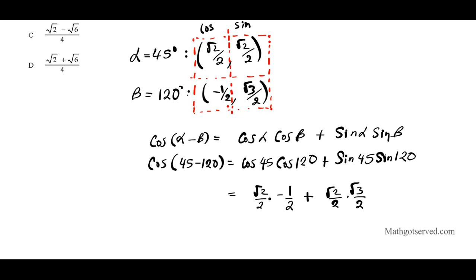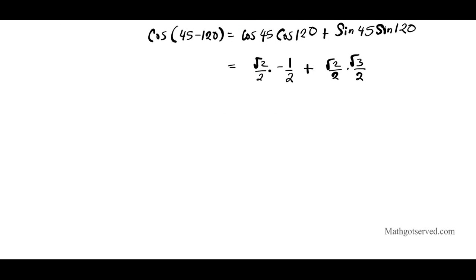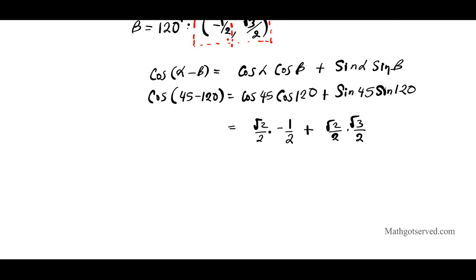Okay? So if we multiply these out, we're going to get negative root 2 over 4 plus root 6 over 4. All right, we can combine it as one fraction. We have negative root 2 plus root 6 over 4.